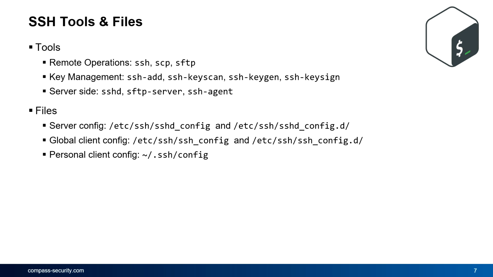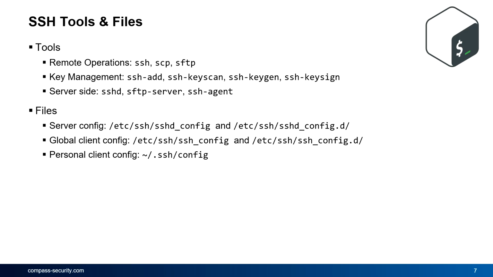Then you have different configuration files. So the server config is always in /etc/ssh/sshd_config, and also the drop-in configuration directory sshd_config.d, and all files in there are also imported into the SSH config and loaded when the SSH server is started.